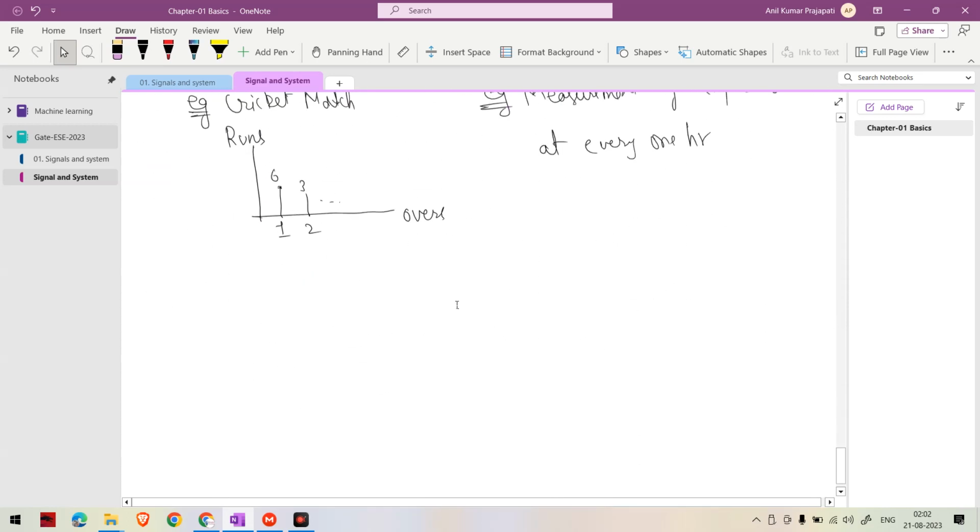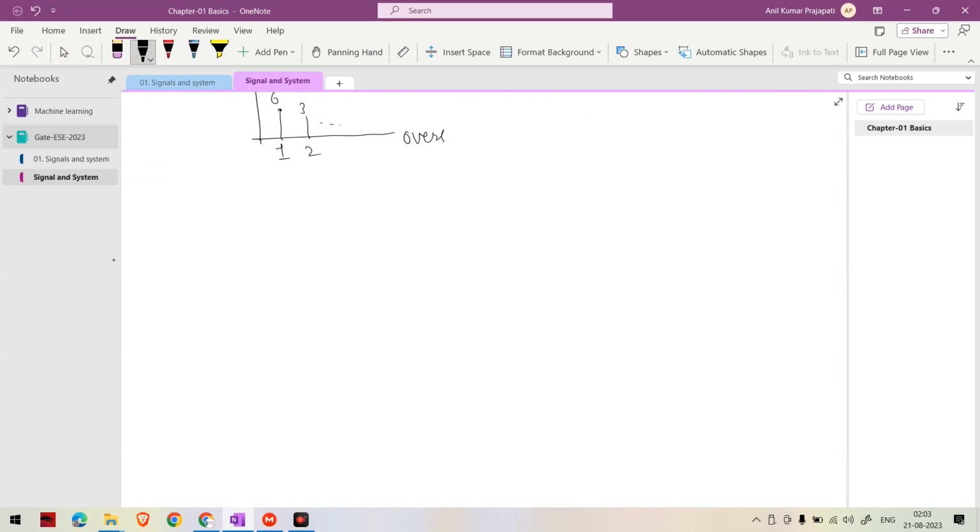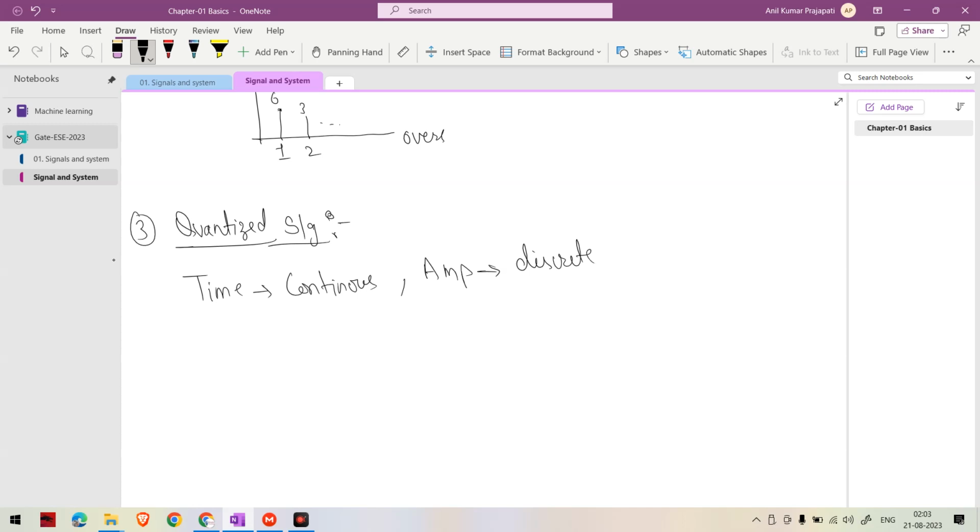Now we will study the third type of signal, which is the quantized signal. In this signal, the time is continuous. We will not touch the time axis, but our target is to make the amplitude discrete.